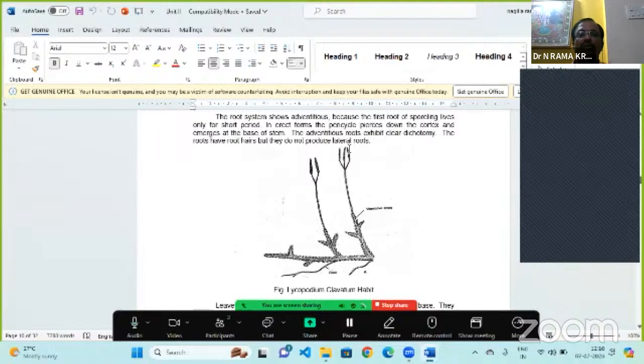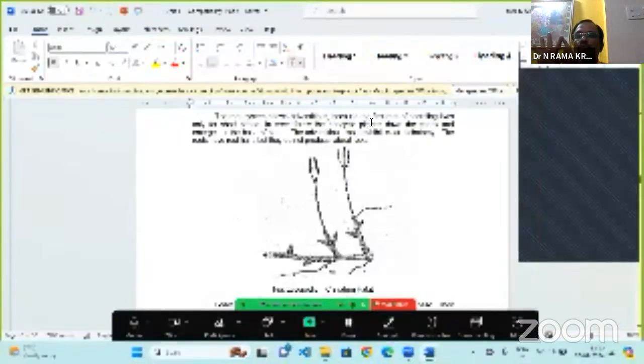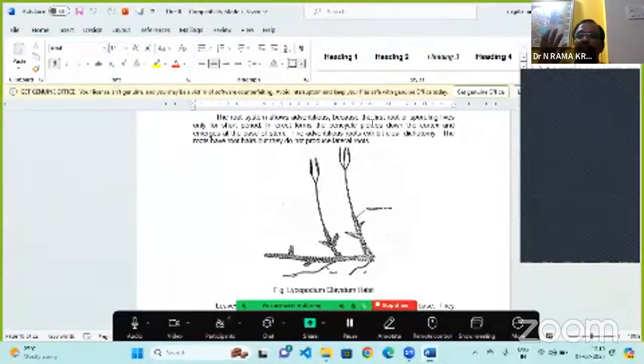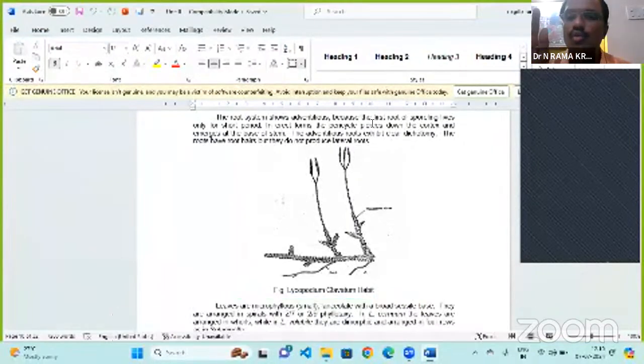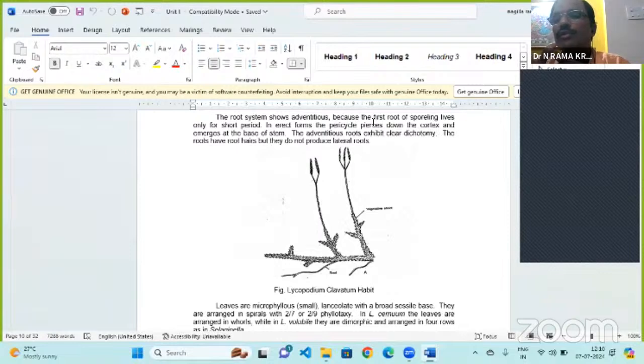We are looking at cone-like structures, a group of sporophylls. See, one sporophyll, two, three, four, five. A group of sporophylls forms cones, and the sporophylls contain the sporangia. All together we call them cones.